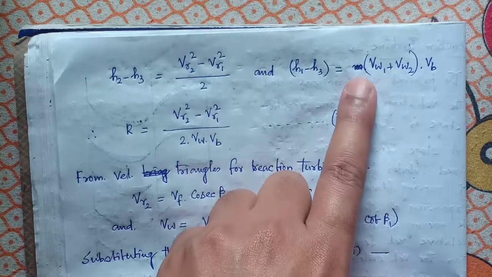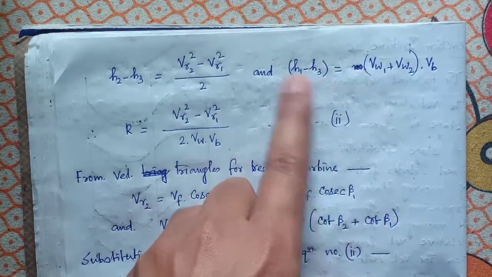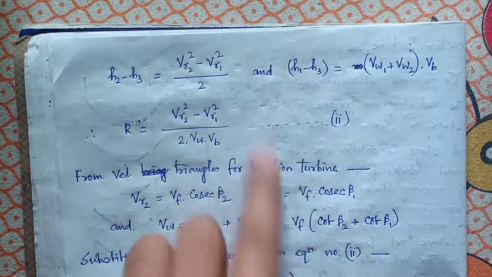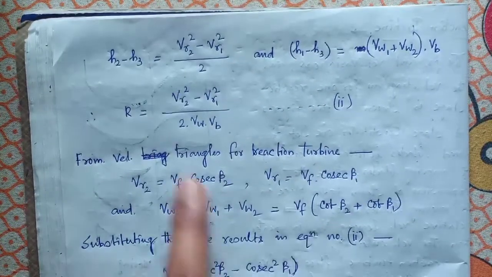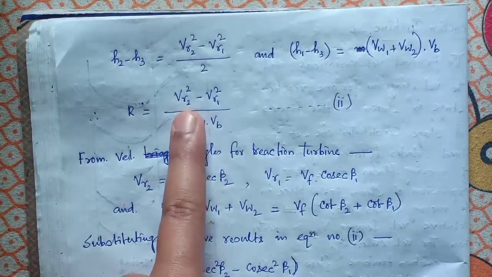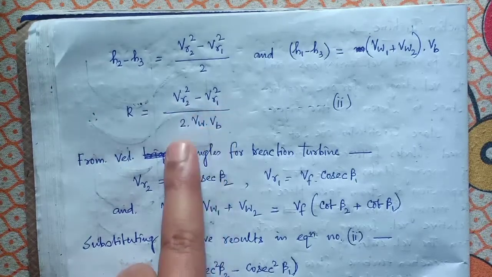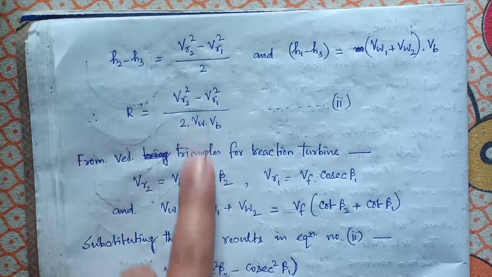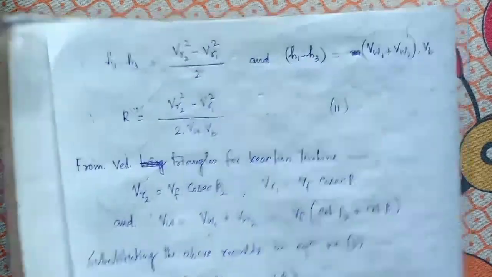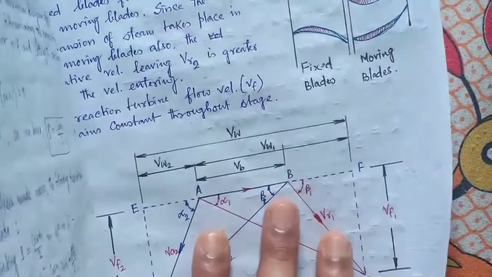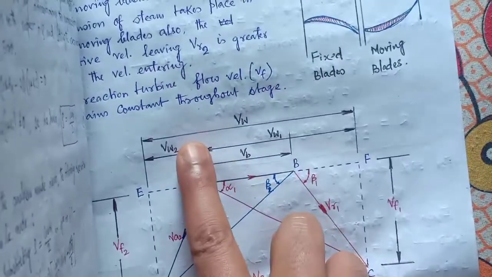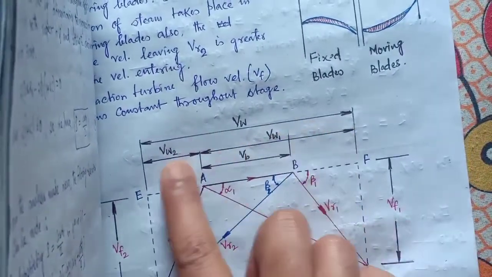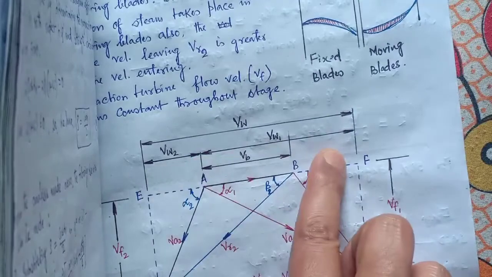So m is 1 because of the specific enthalpy. So R can be expressed as (Vr2 square minus Vr1 square) divided by 2 into Vw into Vb. Here Vw is the summation of Vw1 and Vw2, as you can see in the diagram: Vw equals Vw2 plus Vw1.